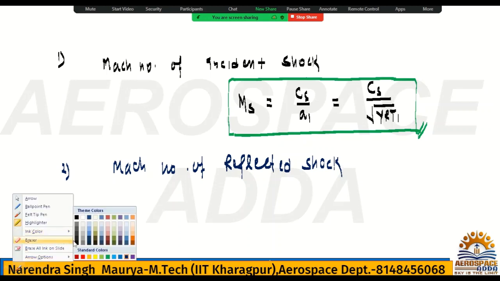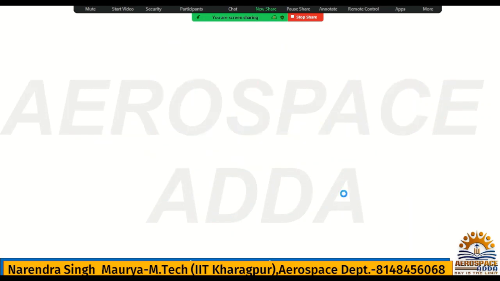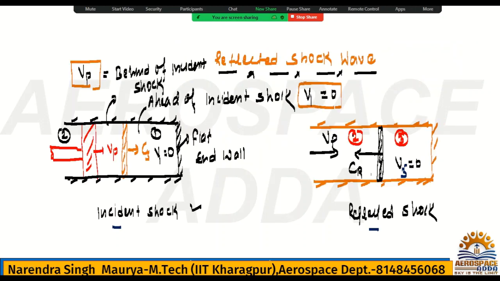This is very important. This is nothing but the reflected shock, Mr. What is the speed of the reflected shock here? Check. Ahead of the reflected shock, what is the speed? It is Cr plus Vp. Check the diagram here, you will get ahead of the shock. Ahead of the reflected shock, what is the speed? Cr plus Vp, and by the diagram also you can understand.